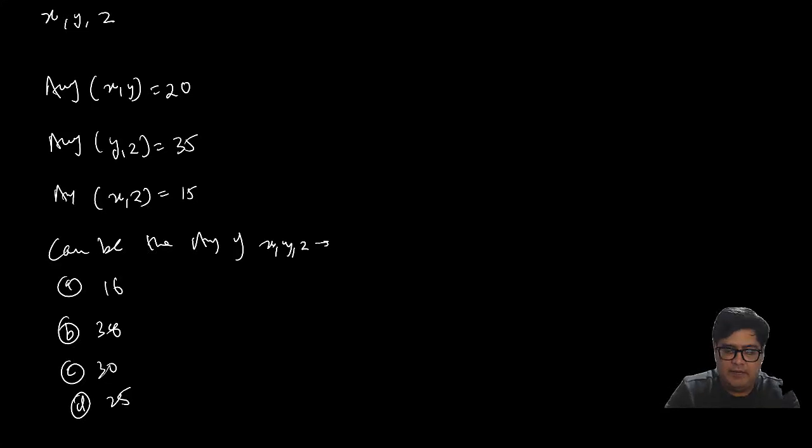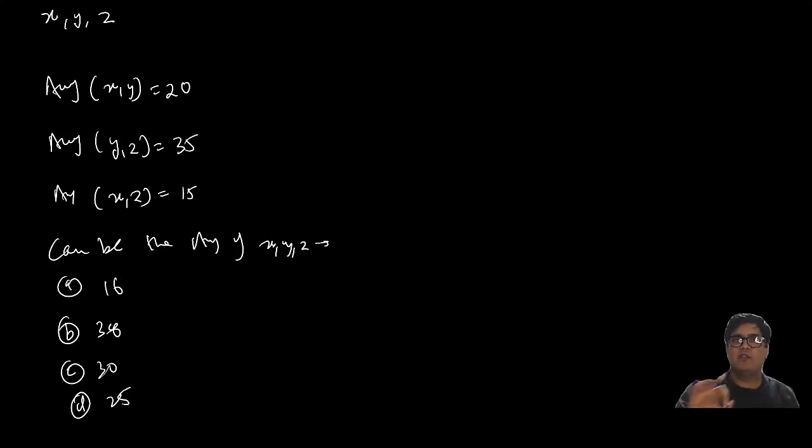Again, the previous question was still, I'll say, a little straightforward. Why? In the previous question, at least, individual averages were given to you. Individual average of X, Y, and Z was given to you. In this, that is also not given to you.